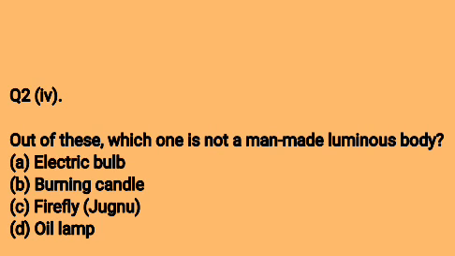The four options given are A, electric bulb, B, burning candle, C, firefly, it's also called jugnu, D, oil lamp.